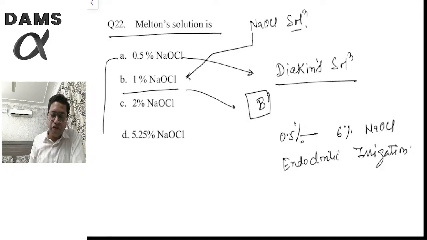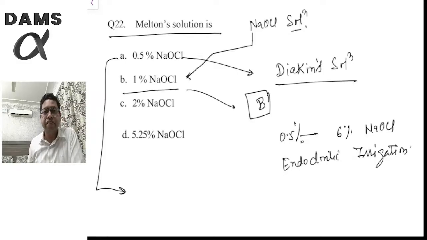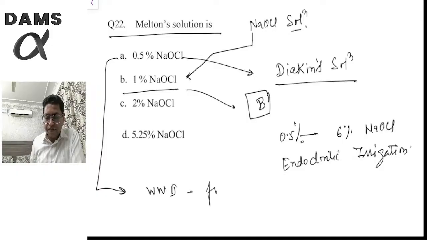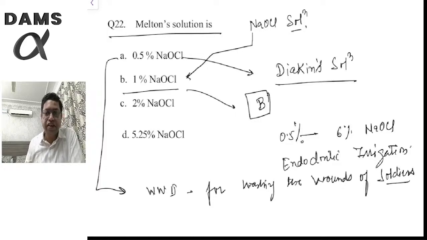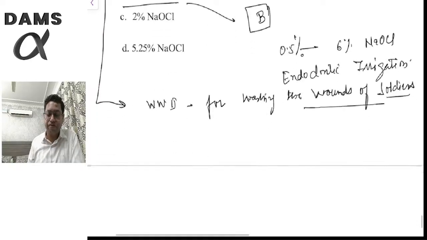Aitken's solution was first used by Aitken during World War II for washing the wounds of soldiers. It was not used for endodontic irrigation initially. That's why it was called Aitken's solution. For washing the wounds of soldiers, we know that it is a potent antimicrobial solution. So 0.5% Aitken's and 1% Melton's solution.